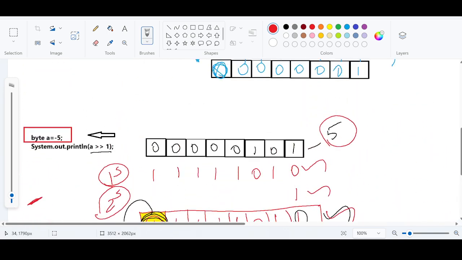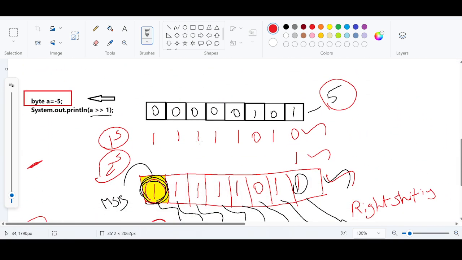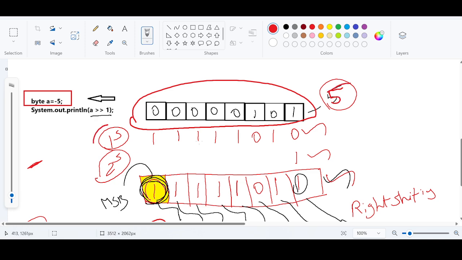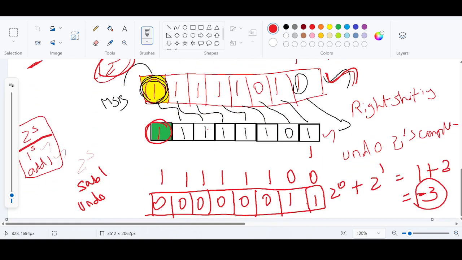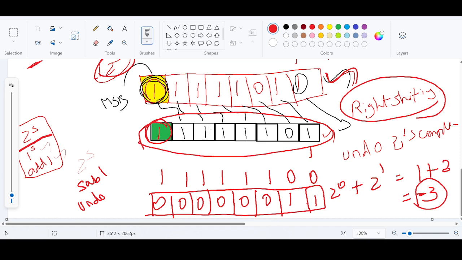Let me repeat it. For a positive number, you can directly do it, but when you have a negative number, firstly calculate the equivalent binary number for the positive number, then do the 2's complement. You will get some number. After doing the 2's complement, perform right shifting. You will get again one binary number.